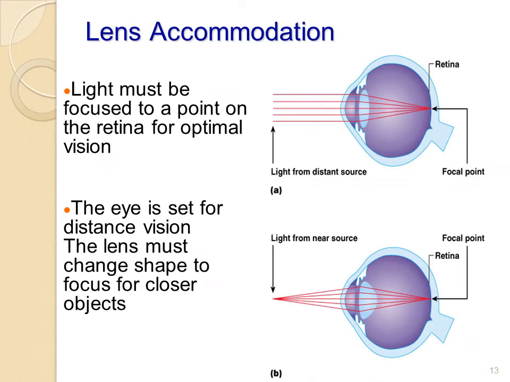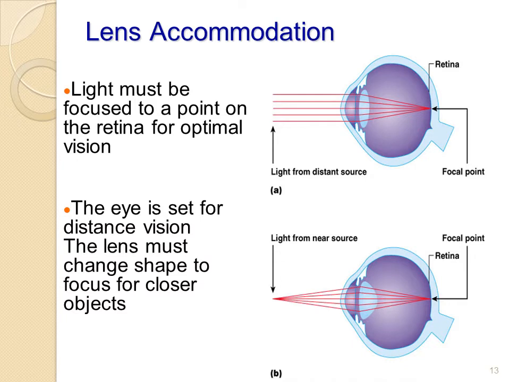Light or lens accommodation. We have two types, light focused in the lens, in A and B. Light must be focused to a point on the retina for optimal vision. Now light from a distant source in A: you can see the light must be focused to a point on the retina for optimal vision.